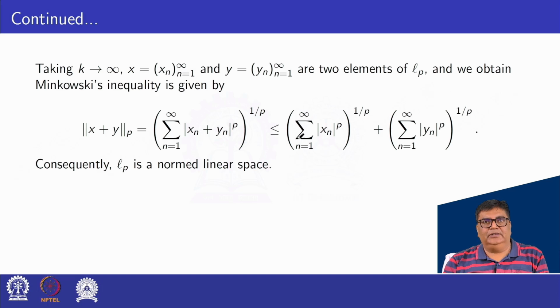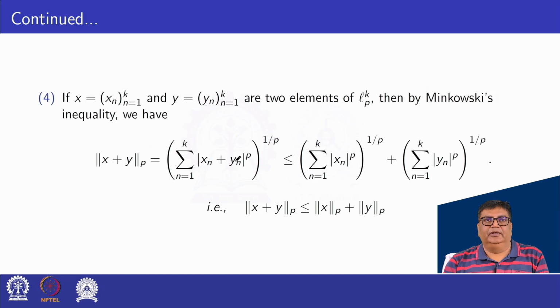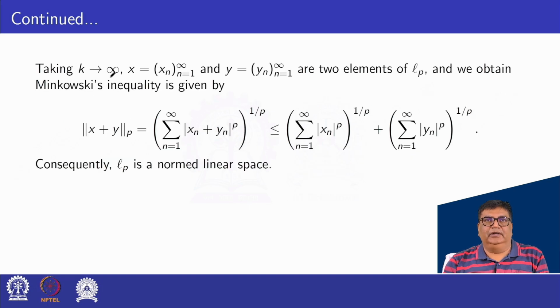That is less than or equal to the summation n equals 1 to infinity |xn|^p, whole power 1 by p, plus the summation n equals 1 to infinity |yn|^p, whole power 1 by p. Here we have taken k tending to infinity. Consequently, lp is a normed linear space because all four conditions of a normed linear space are satisfied. Hence, lp is a normed linear space.